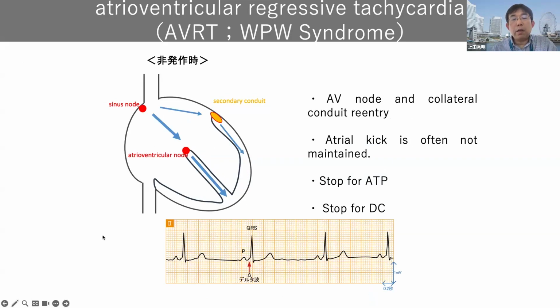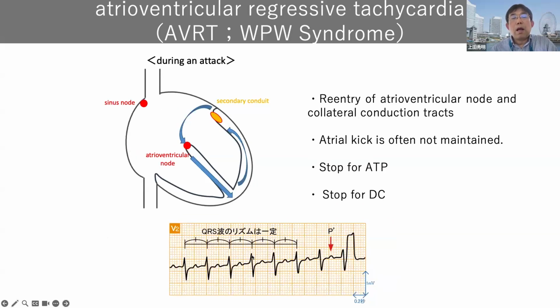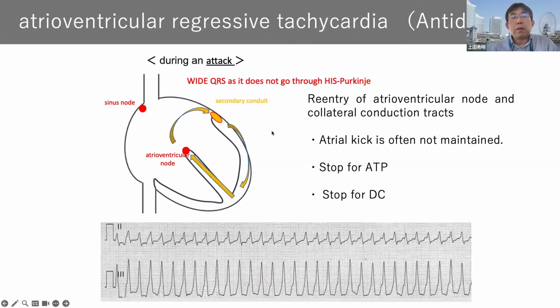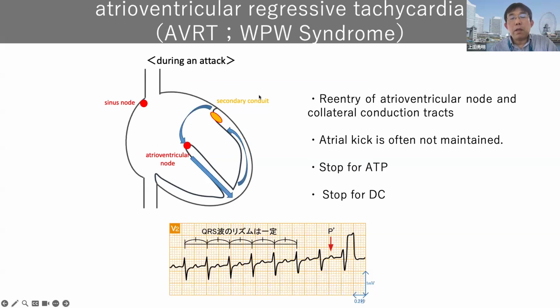But looking at the ECG, it's clearly easy to distinguish because they always have delta waves soon after the P wave. And this is a picture of very typical WPW syndrome here. The QRS intervals should always show the same conduction, so the same rhythm and the same R-R interval will be observed here.